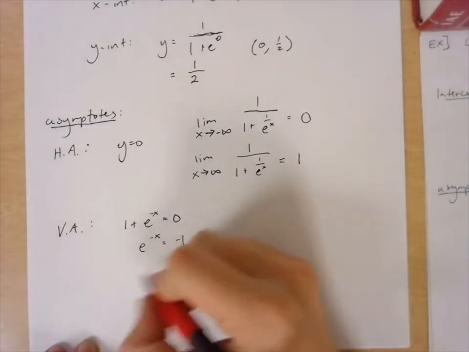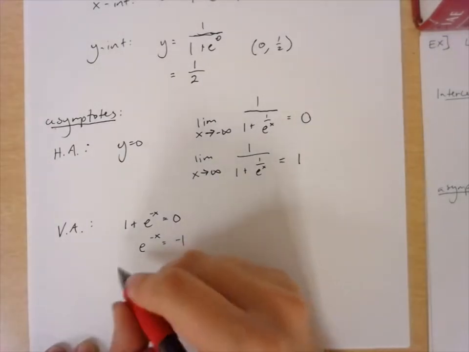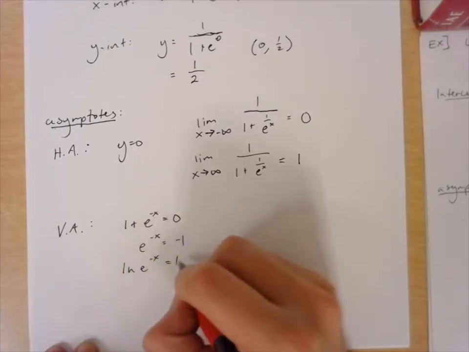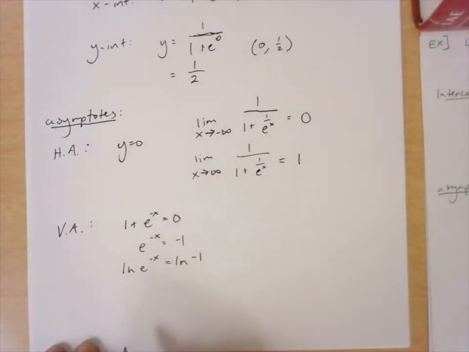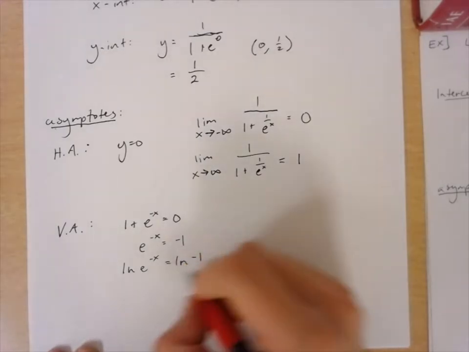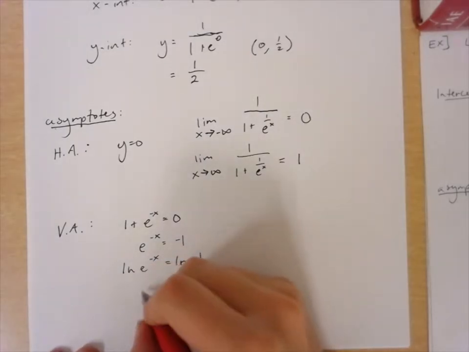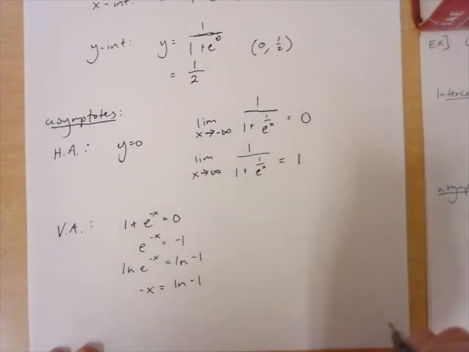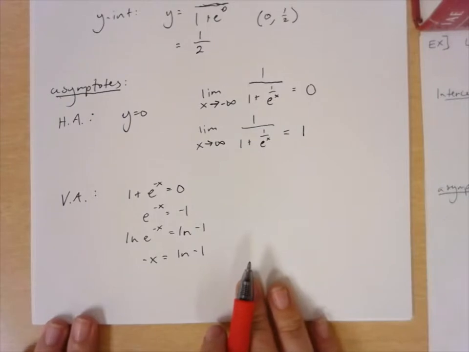Interesting. And then I take the natural log of both sides to cancel out that e. Oh, something interesting is happening there. And I get negative x equals natural log of negative 1. And right away I know that there's something fishy going on.